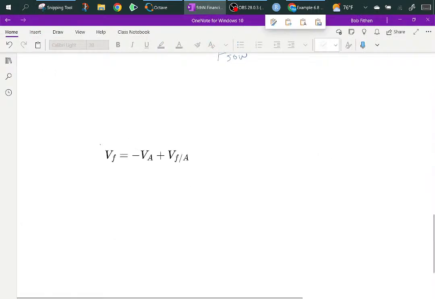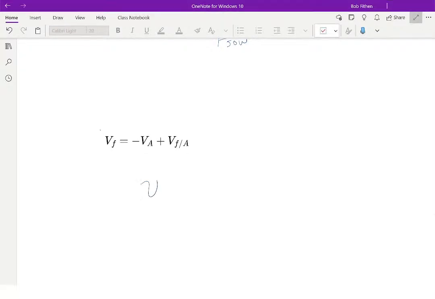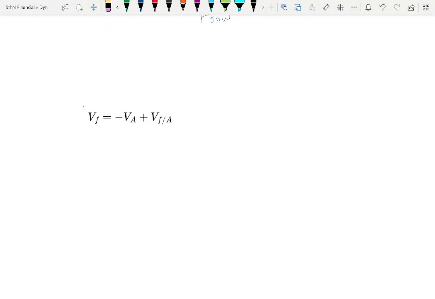So what he's saying here, oh yeah, here we go. Actually, if you want to know VA with respect to F plus VF. So actually, his notation is right. I'll question signs later.